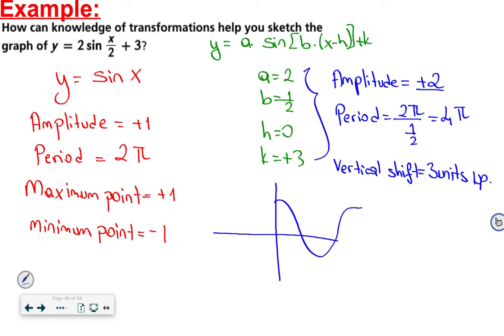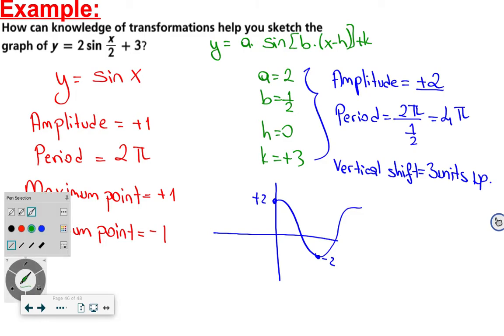If there wasn't any vertical shift, this is positive 2, the maximum, and this is negative 2. But now this function is shifting vertically 3 units up. Then this is going to become positive 5. So this is going to become positive 1.